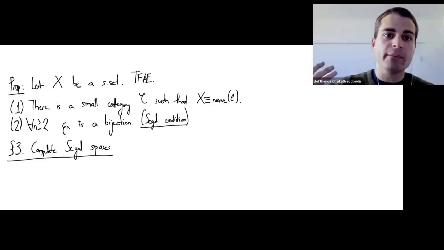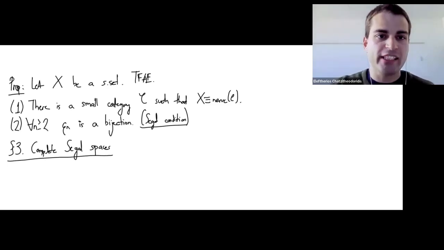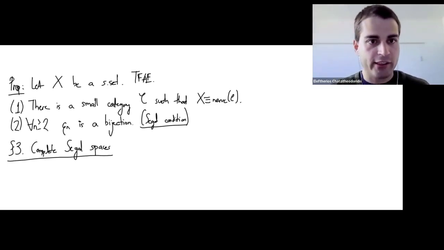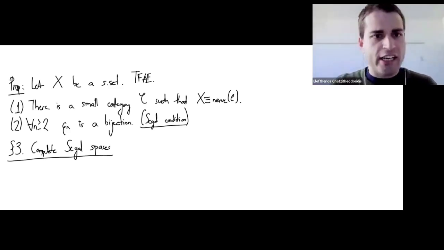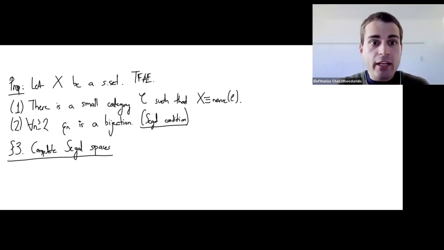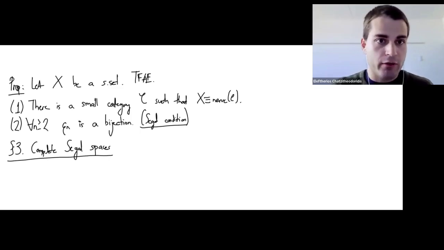But if phi n was a map of spaces, so if we were working with simplicial spaces, or to be more rigorous, in my case, bisimplicial sets, then we could ask that phi n be not an isomorphism, but something weaker in spaces, namely a weak homotopy equivalence.